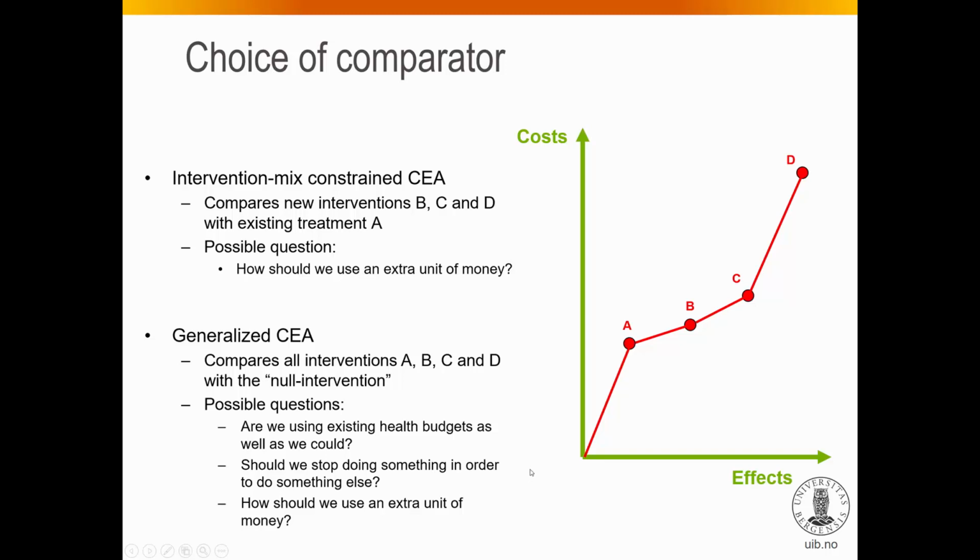Or should we stop doing something in order to do something else? And how should we use an extra unit of money? So you see, there are more analytical scopes of this approach. So when we do this, the generalized CEA, we actually realize A and B are dominated alternatives and they shouldn't be considered good use of existing health budgets. So actually, the only cost-effective alternatives are C or D.